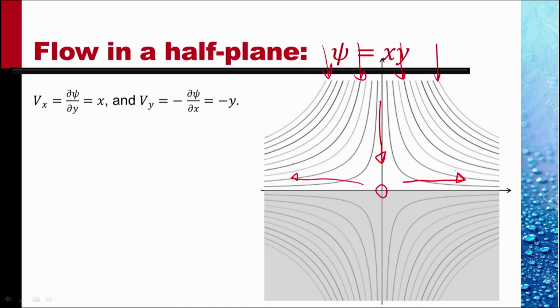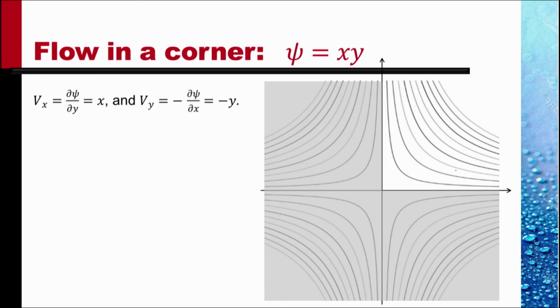Not only this, we may replace the y axis also by a wall, so that this first quadrant is the only region where the flow takes place. Psi is equal to xy, the stream function, also represents flow in a corner.